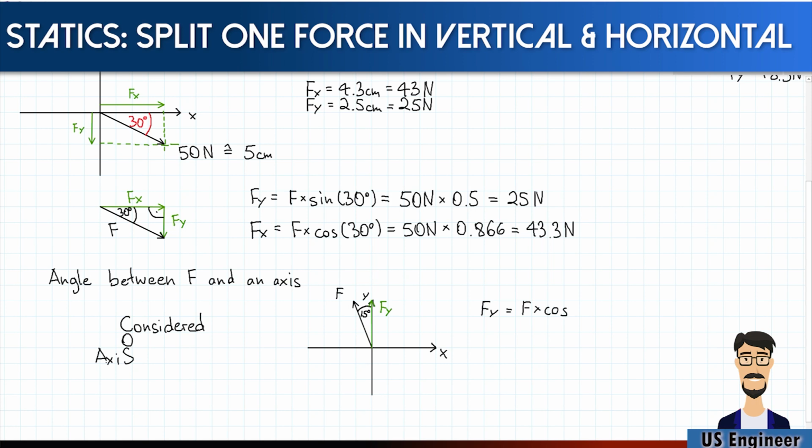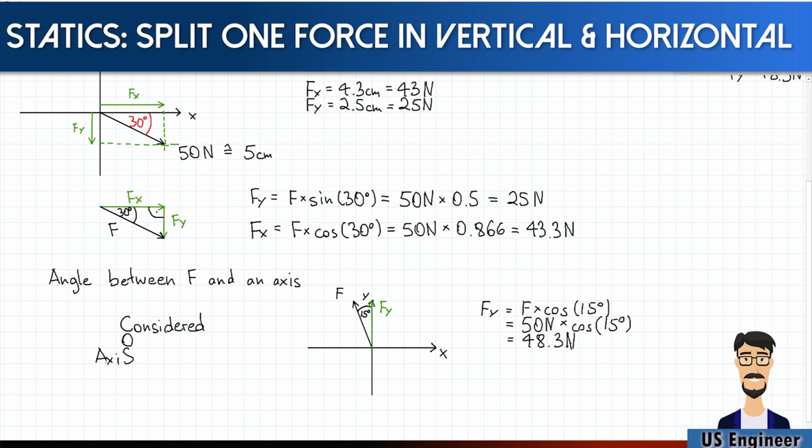And that's equal to F is 50 Newton times cosine of 15 degrees. And that is equal to 48.3 Newton. Okay, so remember, that mnemonic is going to be quite helpful.